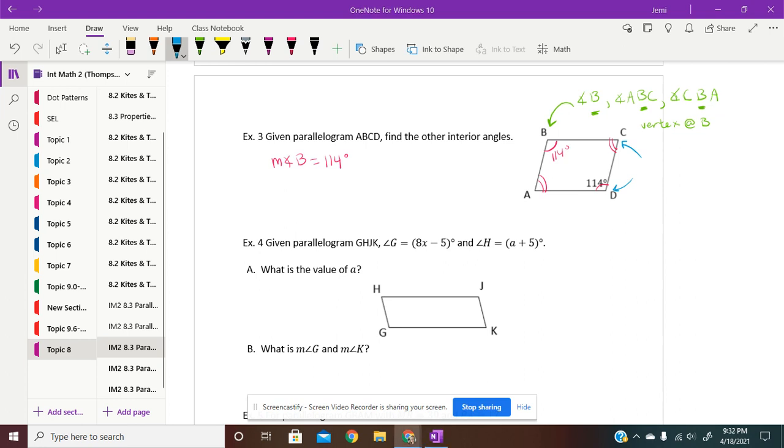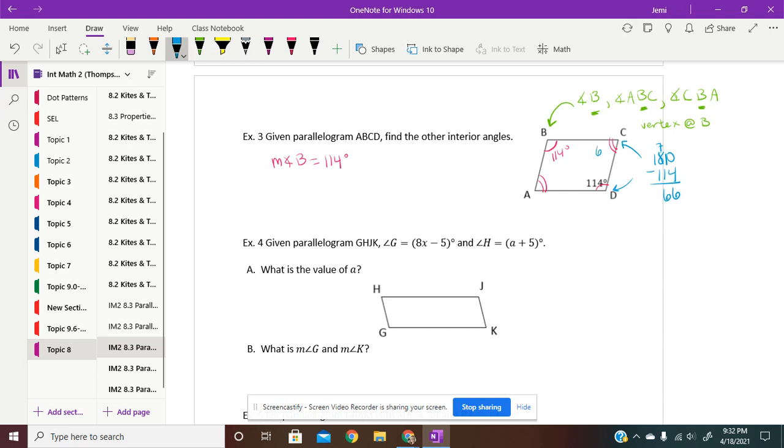So these 2 angles, like D and C, are supplementary, which means they add up to 180. So when I want to find angle C, I'm going to do 180 minus 114. I can't subtract 4 from 0, so I borrow from the 8. 10 minus 4 gives me 6. 7 minus 1 gives me 6. 1 minus 1 is 0.